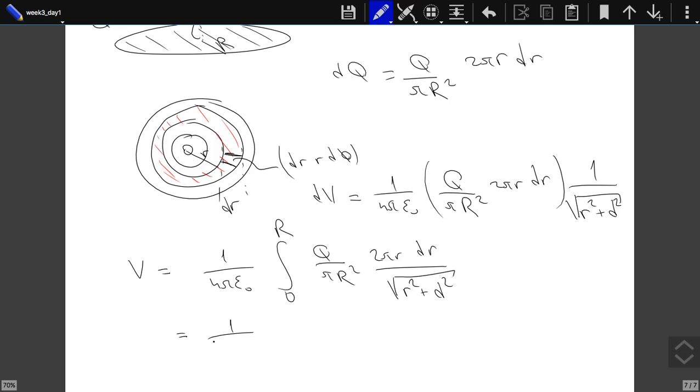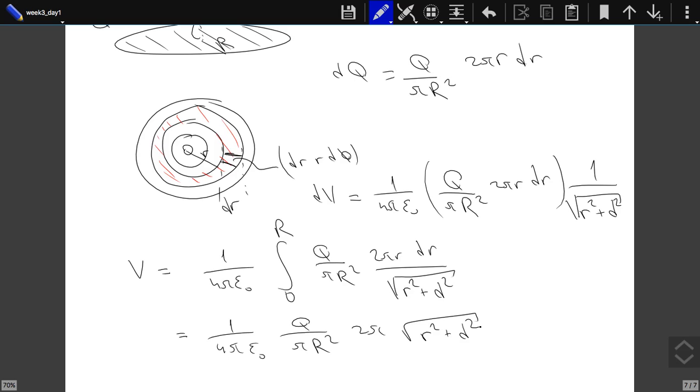Let's calculate that integral. This is one of the easy integrals, although it might not look like so. You see, the integrand is nothing but the derivative of square root of r squared plus d squared. If you take the derivative of this function, you get r over square root of r squared plus d squared.